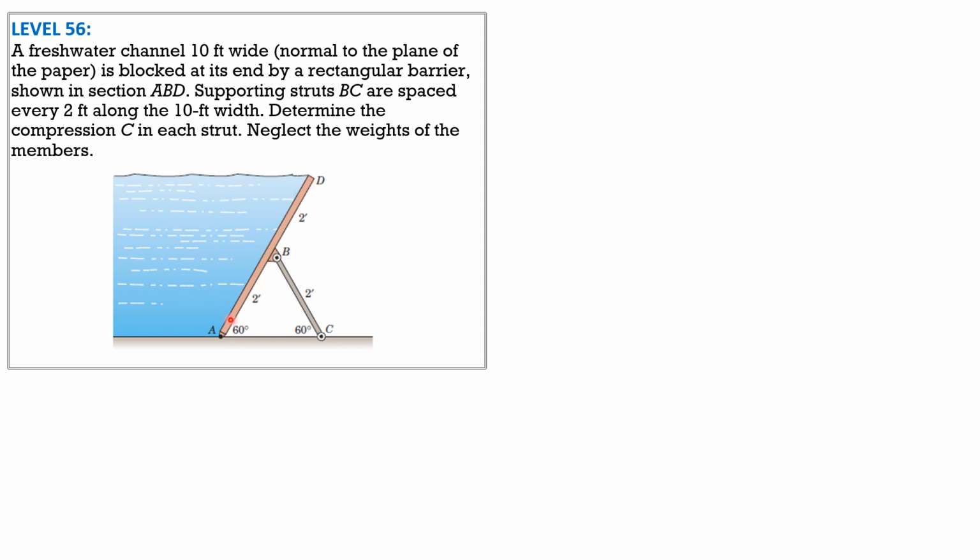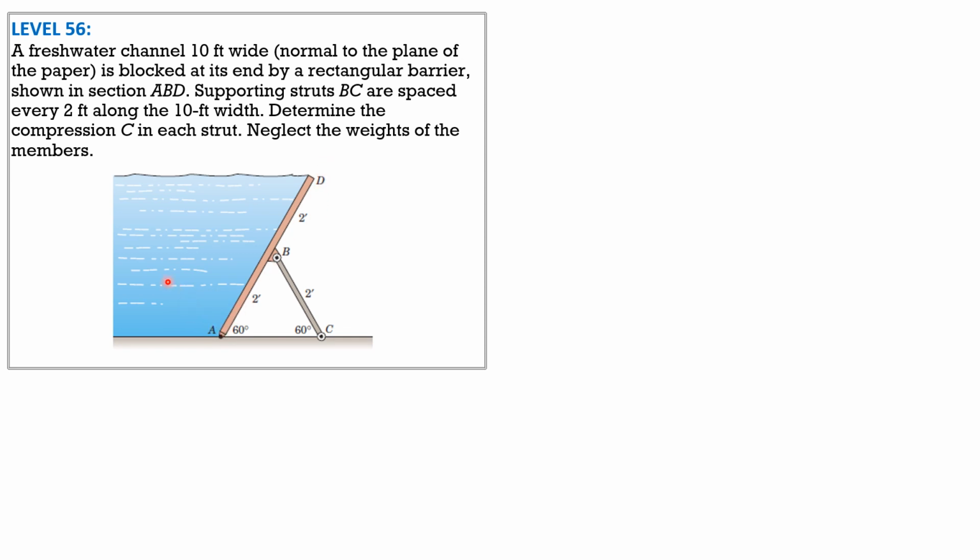Since the slanted height is 4 feet and the angle is 60 degrees, this vertical distance is 4 feet times sine of 60. The pressure distribution is triangular, and the pressure is perpendicular to the plane.